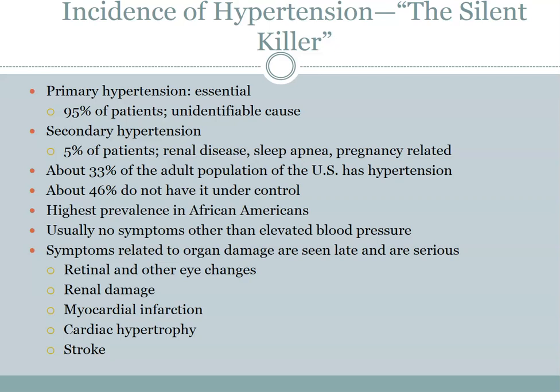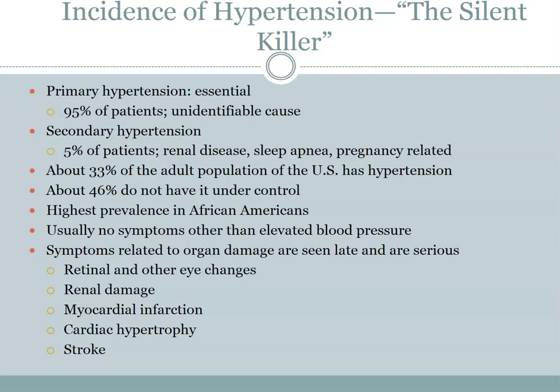So primary hypertension is considered what we call essential hypertension. 95% of patients have this type of hypertension, and it's from an unidentifiable cause. Secondary hypertension, that's the other 5%, and this is usually secondary to something like renal disease. It can be pregnancy-induced, PIH, pregnancy-induced hypertension, or it could be due to a patient having sleep apnea.